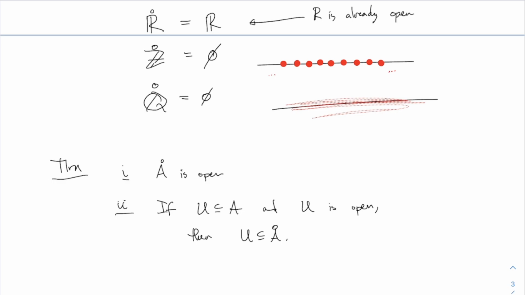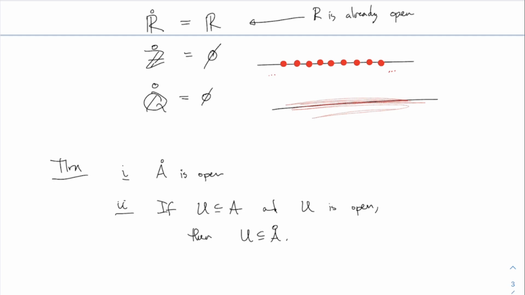And the proofs of these two things are exactly the same as the closure proofs that we just did, only every time I said closed, you say open, and every time I said intersection, you say union. So the first one, why is the interior open? I'm not going to write this down, but it's because the interior is the union of a bunch of open sets. That's the definition. And the union of any open sets is open, so the interior is open.